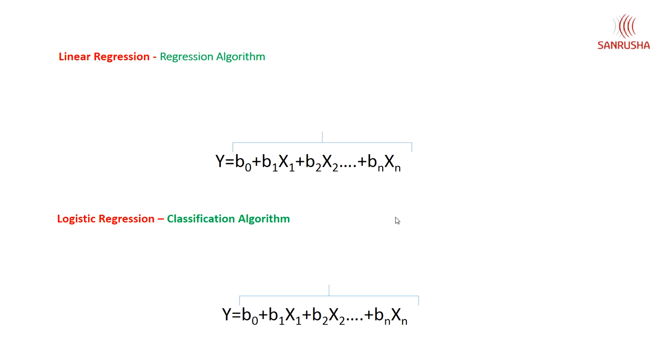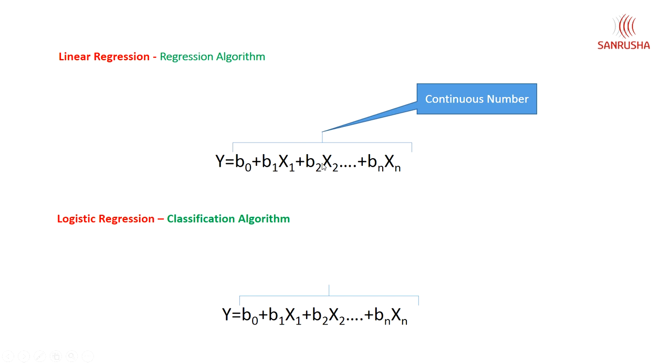Before we jump on to logistic regression, let's take a step back and understand what we did in linear regression. In linear regression, we saw this formula y equal to b0 plus b1x1 plus and so on up to bnxn, right? And we understand that the right side of this equation is a continuous number.